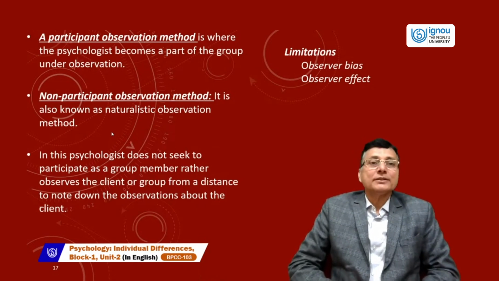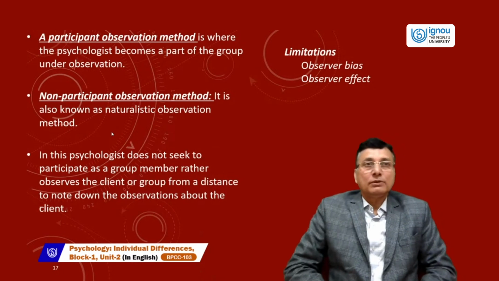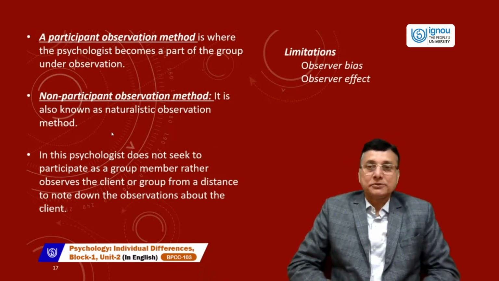So what are the limitations of observation methods? There are two limitations: observer's bias and observer effect. As I told you, we all have lots of biases and prejudices.